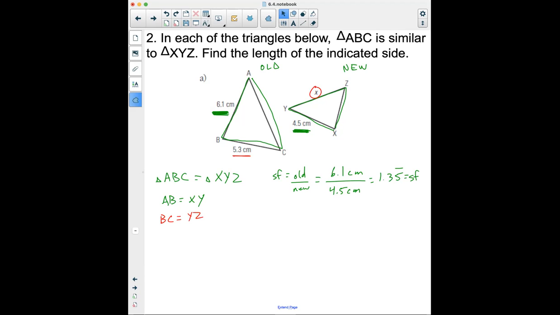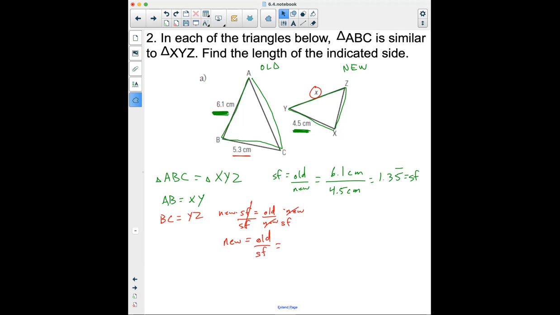So we have to do a little bit of algebra right here. So scale factor is old over new times new. Those cancel. Divide by scale factor. Okay, so after we arrange that, we have new is equal to old divided by scale factor.